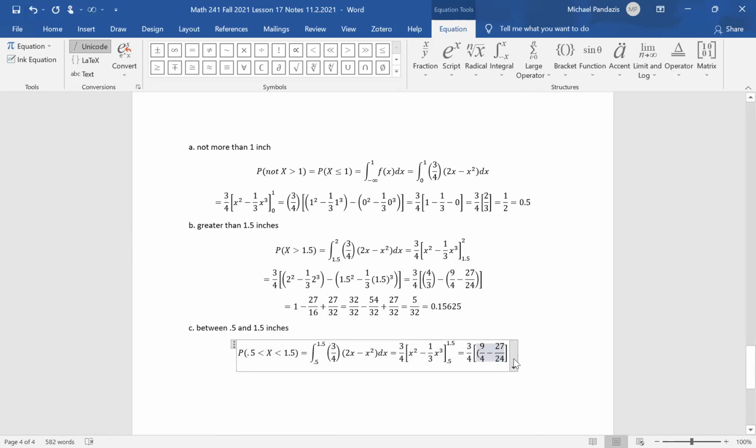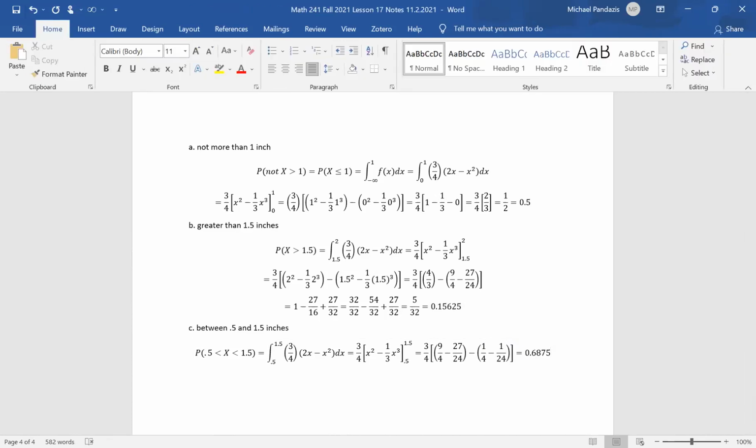That was for 1.5. Okay. And then you subtract the value at 1/2. So at 1/2, you have 1/2 squared, which is 1/4. So you have 1/4 minus 1/24. Okay, so you get that whole thing. Then you calculate that and you get 0.6875.